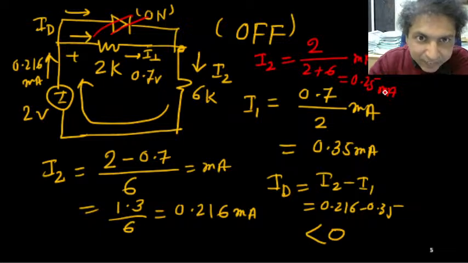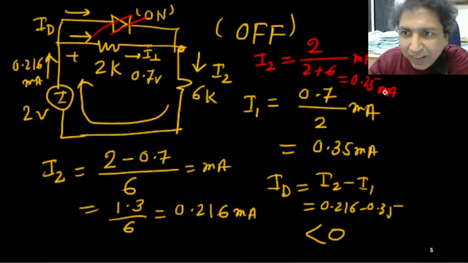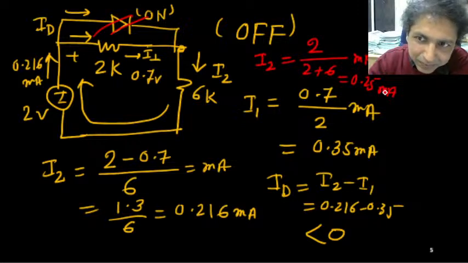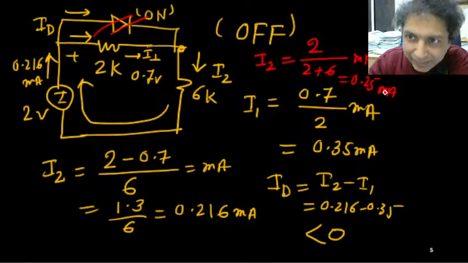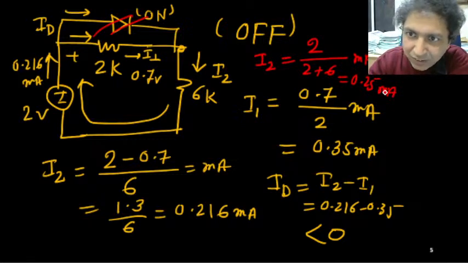Yes, if it is an ideal diode, then when it is on its voltage is 0, and with this configuration it will always conduct. This is a problem because here it is a practical diode. You are exactly correct: if the diode is ideal, then obviously the diode will be on, and the voltage across it is 0.